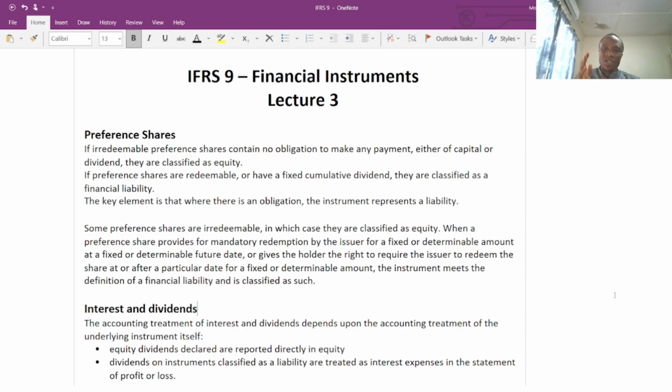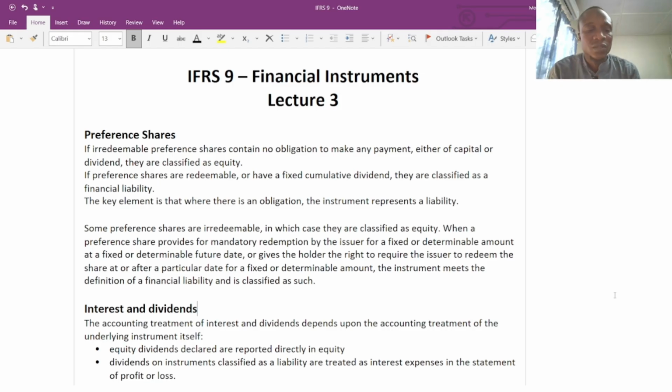So we are going to look at the equity element and the debt element, and how we can calculate using the initial recognition as well as how we can account for it subsequently in the financial statements. These are what we are going to cover for today's session.